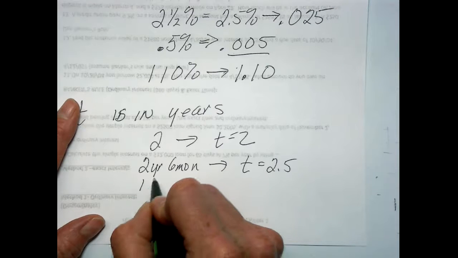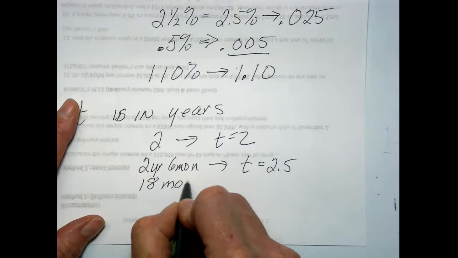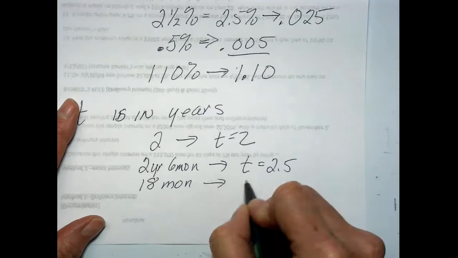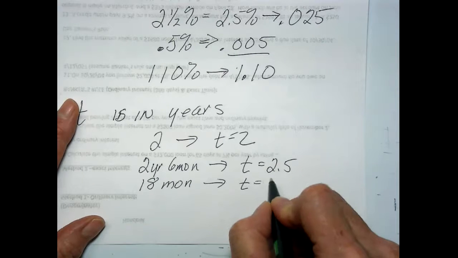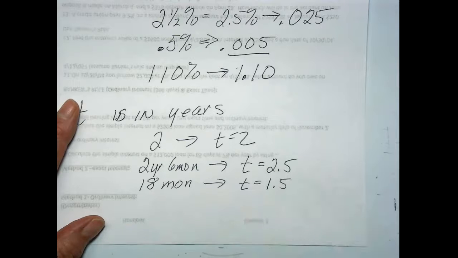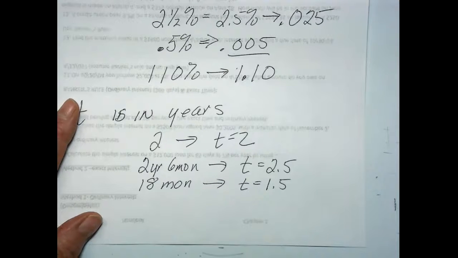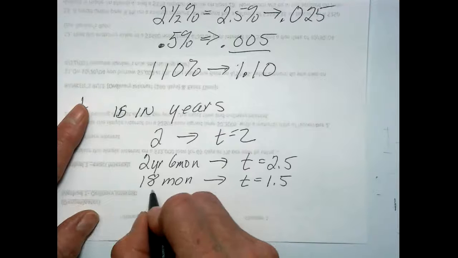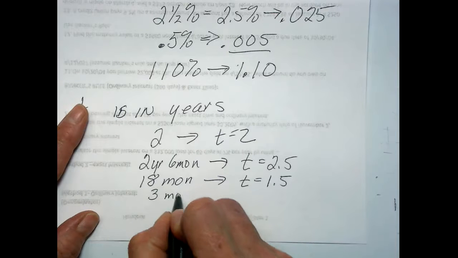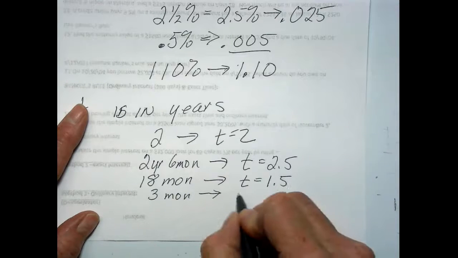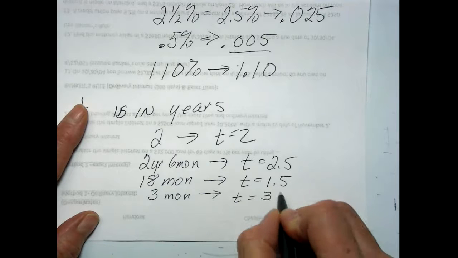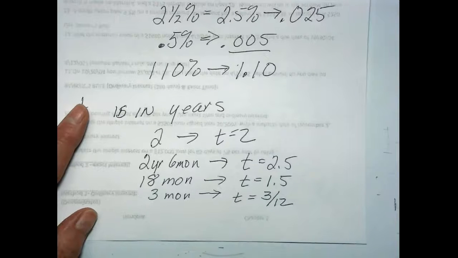If I had 18 months, T would equal 1.5, right? 18 months is a year and a half. If I had 3 months, you could put it as a fraction, 3/12.